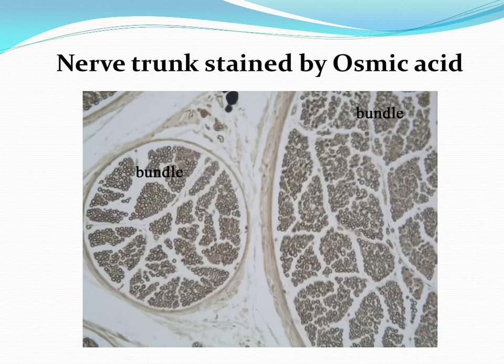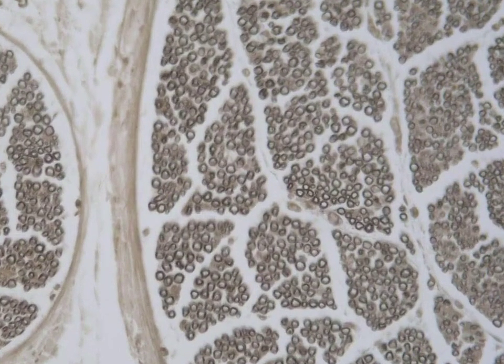If you look at it much more magnified, you can see a very important thing. We can see these circles, black in color, but they are slightly thicker than the circles seen in the nerve trunk stained by hematoxylin and eosin, because here they represent an area containing the myelin sheath.